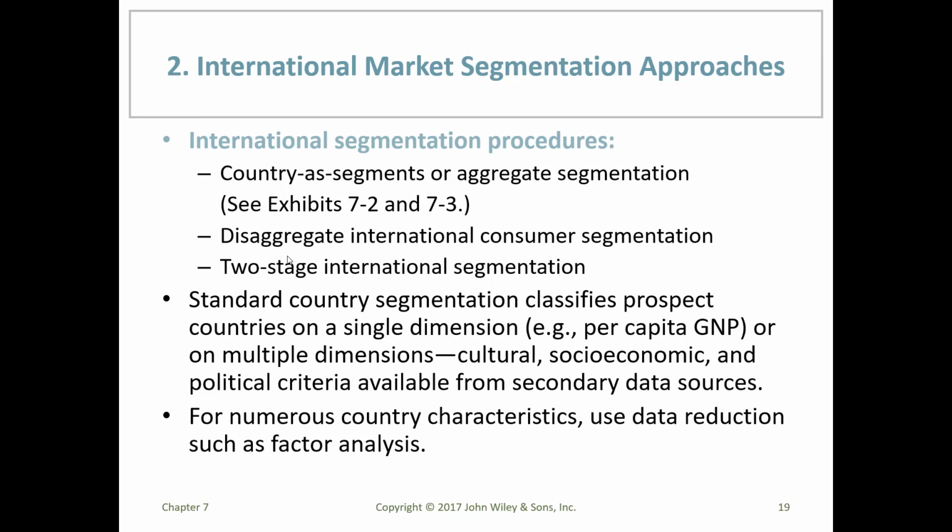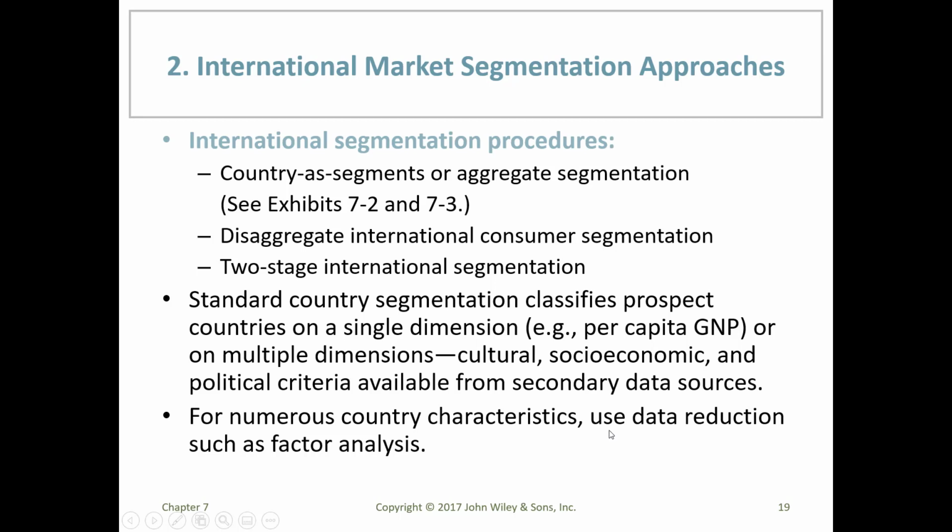If we're a fashion company like Louis Vuitton, we might be aiming for higher income urban females. First we decide if the segment's big enough, if we have enough wealthy people, and we find groups of countries where this is true, and then we segment the consumers within the country. This is why it's called two-stage segmentation.